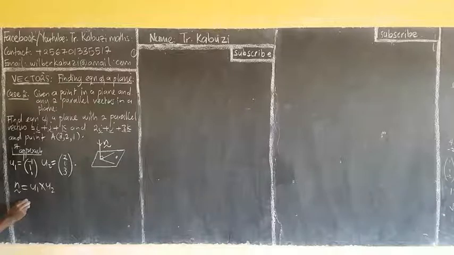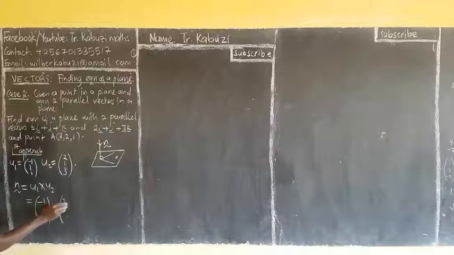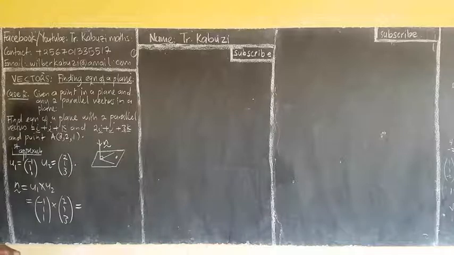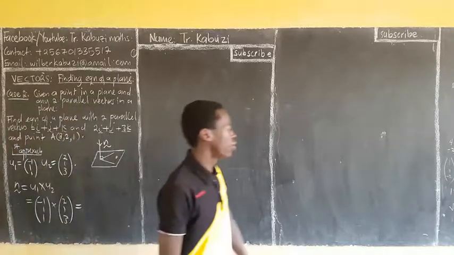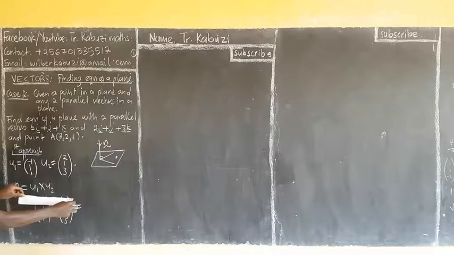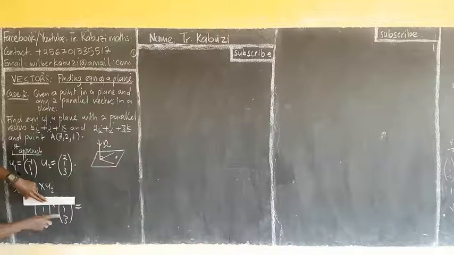Now you see, I told you the easiest method is you cover. When I cover the first row, you see I'm remaining with this, so you get a determinant.